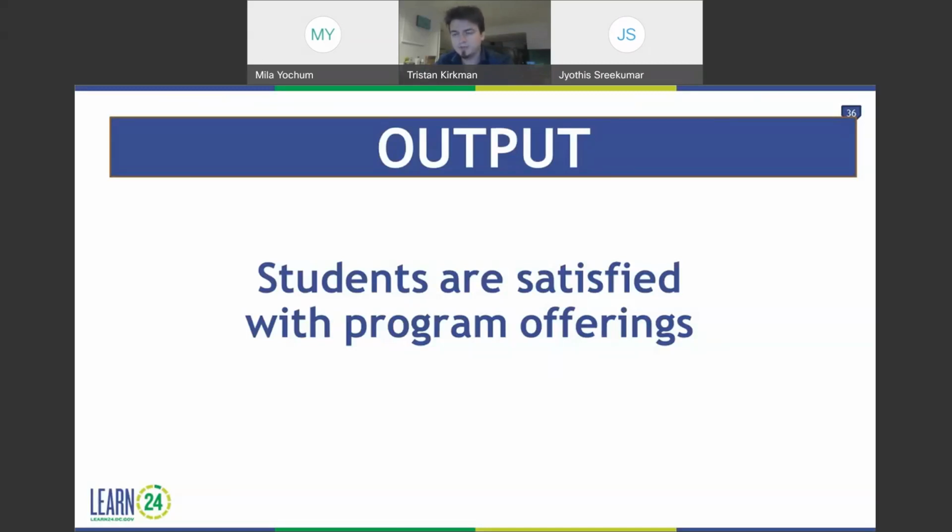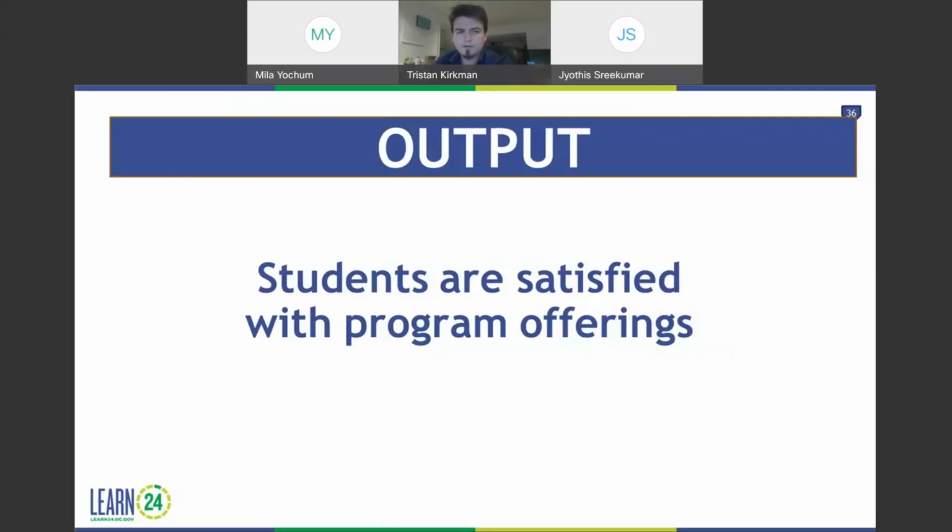This doesn't change their status or condition or their behaviors. This is, say, the direct output of, say, a satisfaction survey at the end of an activity. This is a direct product of program activities rather than something that indicates a change in your program participants.